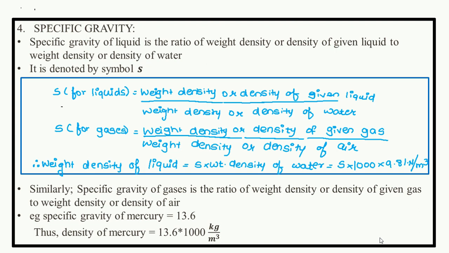Now moving towards the fourth property, that is specific gravity. Specific gravity of liquid is the ratio of weight density or mass density of the given liquid to the weight density or mass density of the standard fluid.